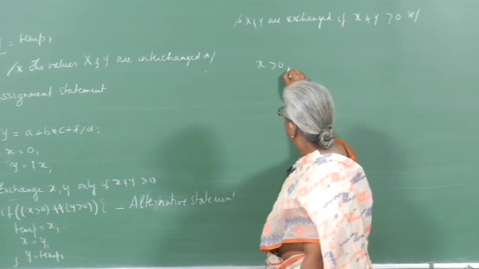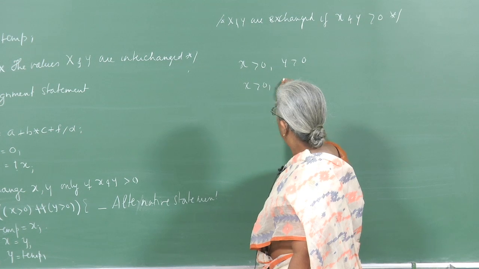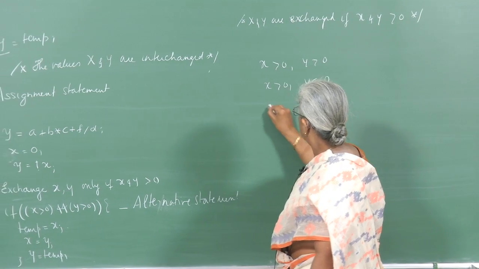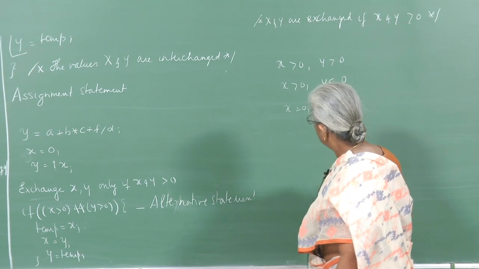I could say x greater than 0, y greater than 0, do one thing; x greater than 0, y less than 0, do something else; x equals 0, y equal to 0, do something, and so on.